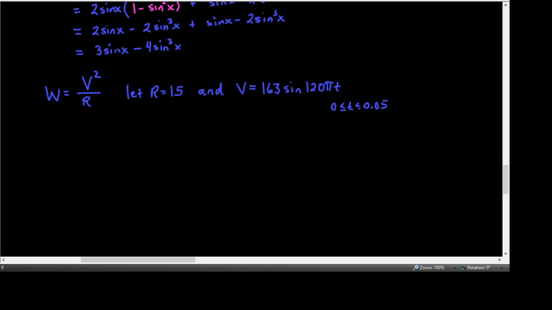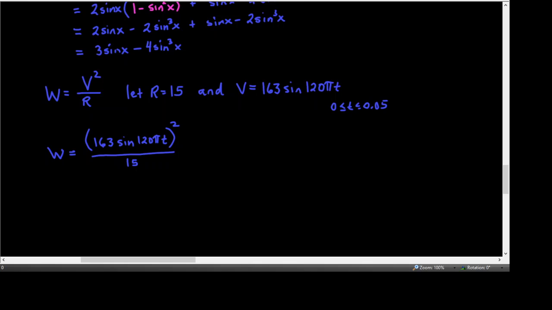Okay, here we go. So by substitution, the wattage equation will be 163 sine of 120 pi t quantity squared over R, which is 15.